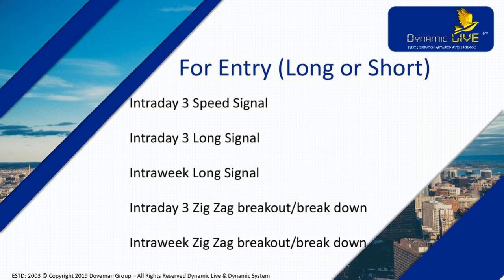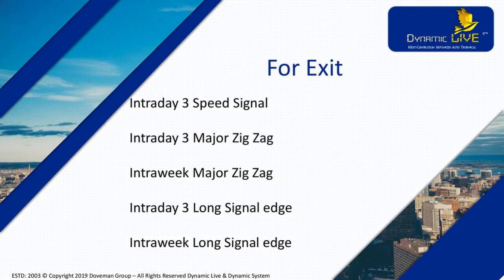It is because the market always does not move in a single direction. There are varieties of situations that you will come across. In any given market condition, for you to get the right entry, right exit, so many signals are required. And at the same time, when it comes to exit, once again, intraday 3-speed signal, major zigzag, the long signal edge point, and so on. Right? So these are all the multiple signals that are at work.